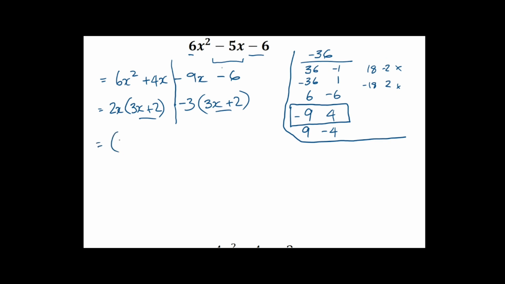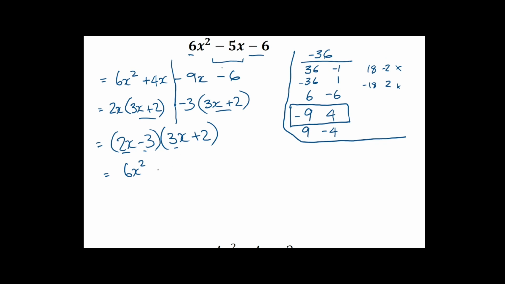Combine what's outside the brackets with what's inside the brackets. And we're done. So let's test it. 6x times 2x times 3x is 6x squared.